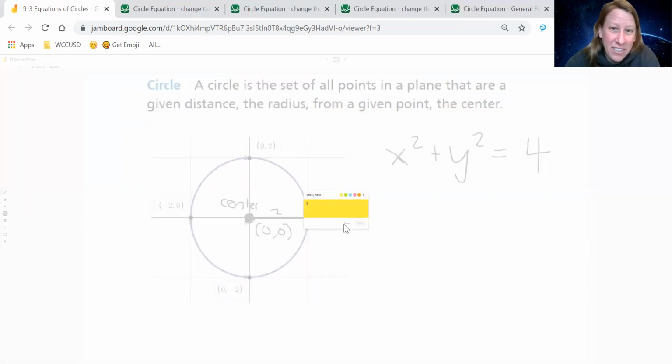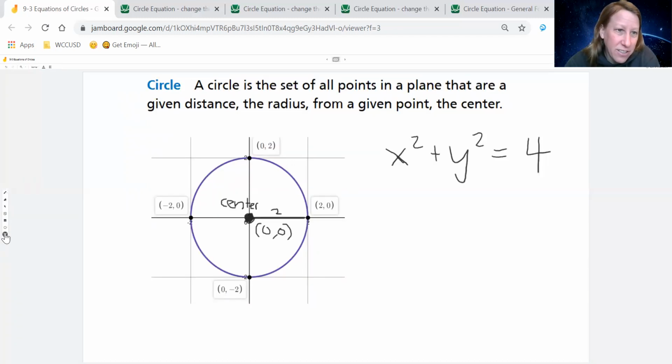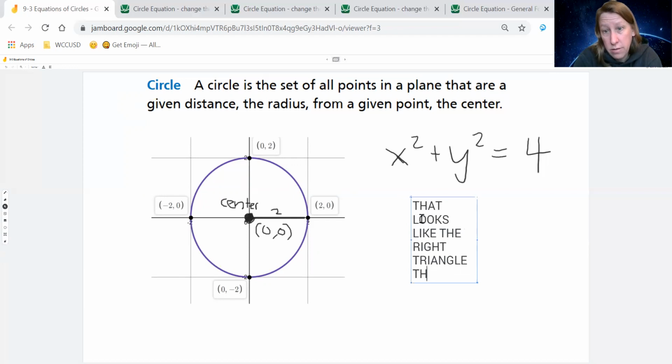Triangles. Oops, I want this one. Hey, that looks like what? Oops. Doesn't that look like a formula we've been playing with?